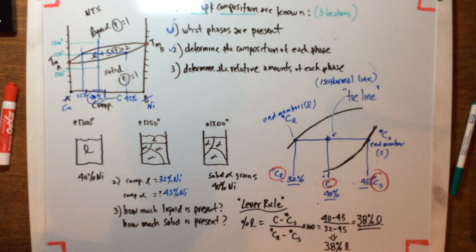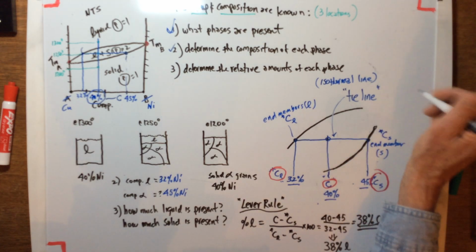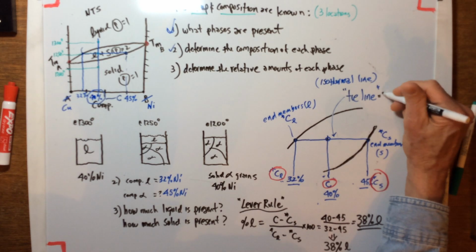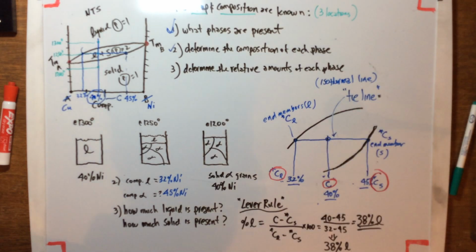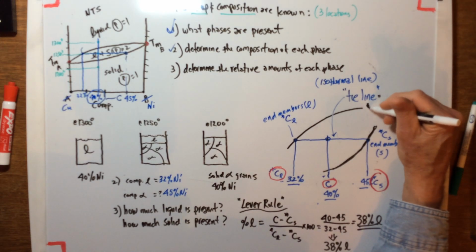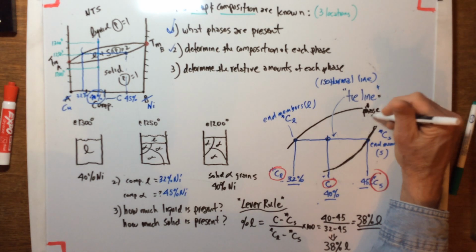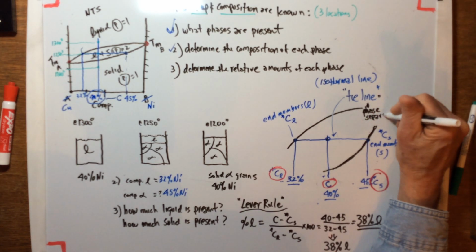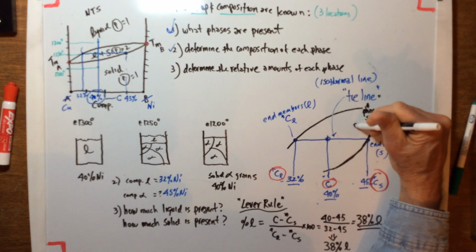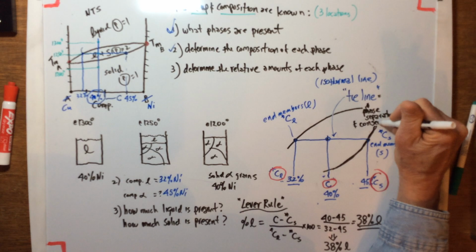All right. Now, the other thing that this tie line does, along with giving us the solubility limits, is it also represents the notion of phase separation. This tie line also denotes phase separation, and also conservation of mass.